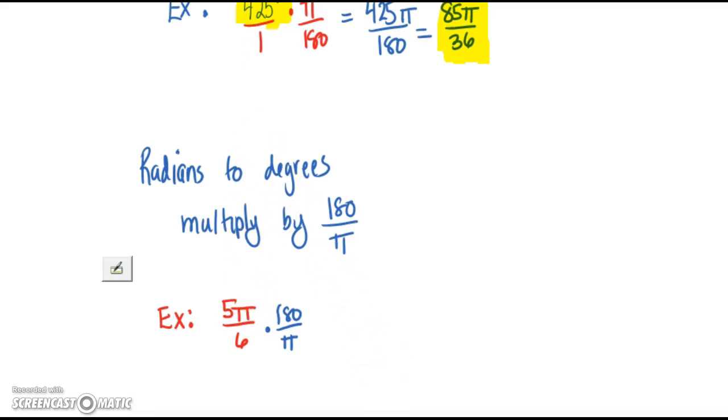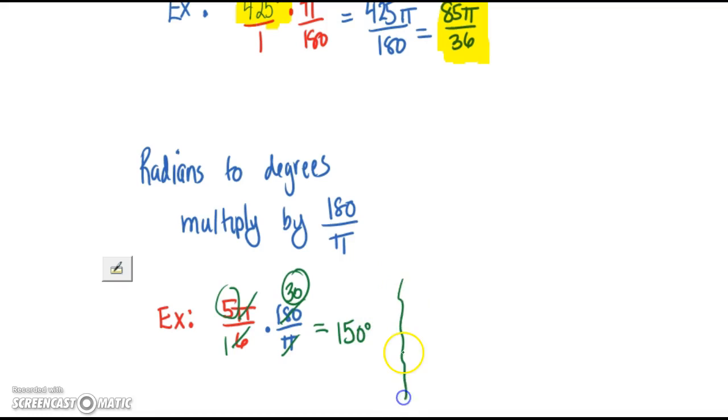So you could say, oh, well, I can cancel this pi out with this pi, you can cancel any common factor from the numerator and the denominator. This denominator of 6, we can divide by 6 and get 1. We can divide this numerator by 6 and get 30. And then if you multiply across, we get 5 times 30, which is 150 degrees.